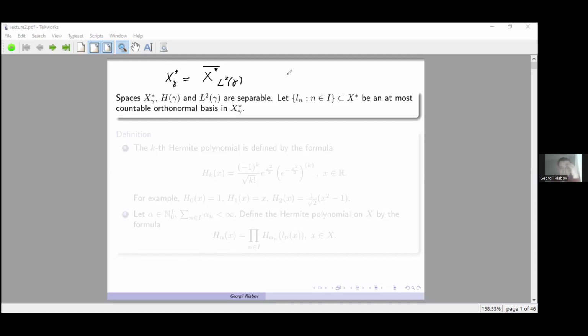Also, we assume that the measure is centered, which means that the Fourier transform of gamma has the form of exponent minus 1/2 L of RL. So here R is the covariance operator.